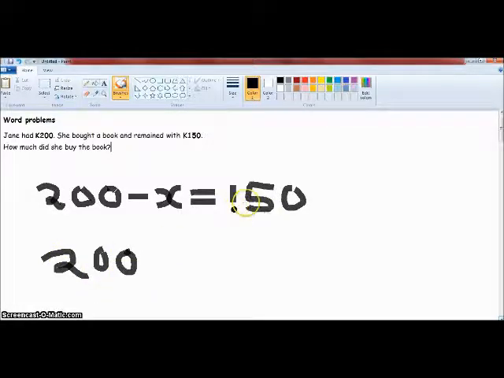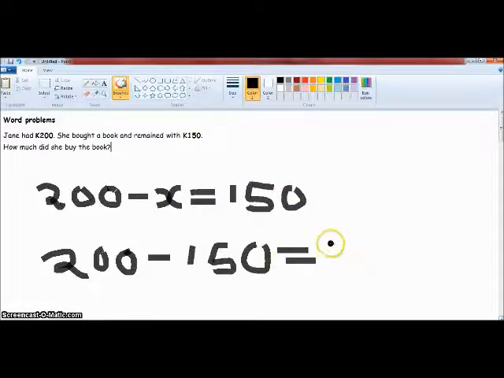You bring the 150, which is this side. It crosses over the equal sign, and when it comes to the other side, it will become minus 150. Then this X here is negative. If it goes over the equal sign, it will become positive X, or simply X.